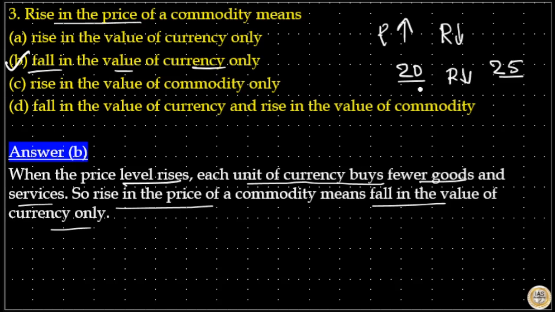This is the same chocolate. Today it costs 20, tomorrow it costs 25, that means our rupee value decreases. That is why fall in the value of currency only, because it is the same product but the rupee changes.